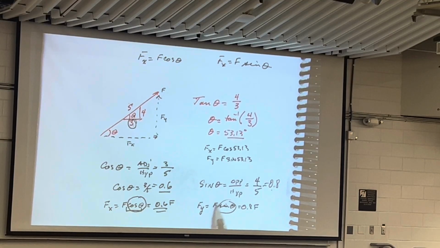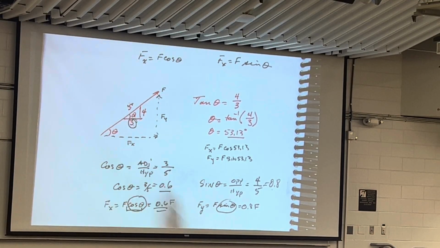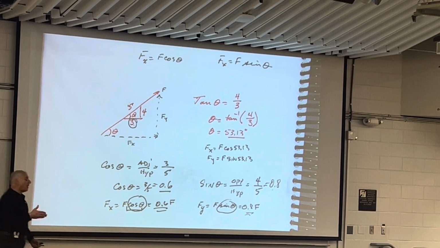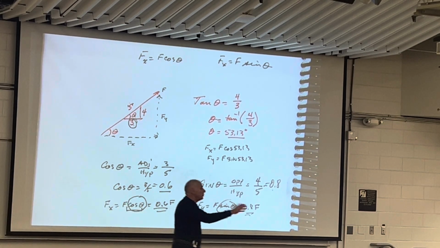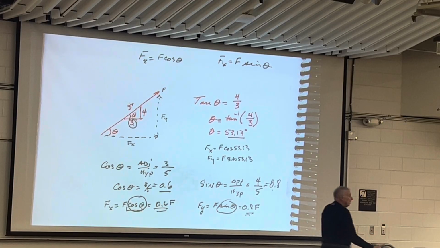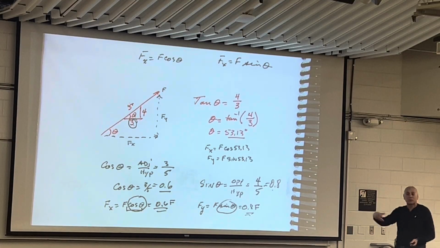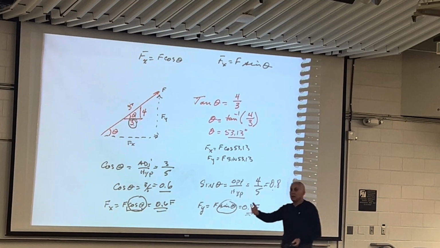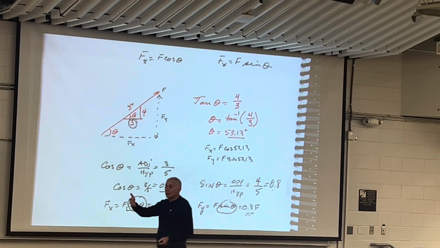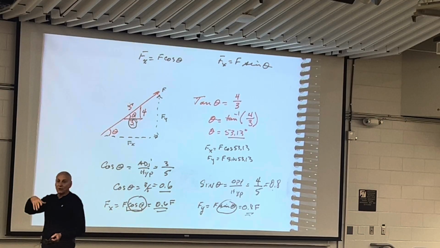Same thing here, I found the value of sine theta by saying 4/5, it's 0.8. So I don't have to find the angle. Now I don't care how you do it, doesn't matter to me. But I want you to be able to do it both ways. Find the angle, and get accustomed to using the 3/5 and 4/5 for the cosine and sine.